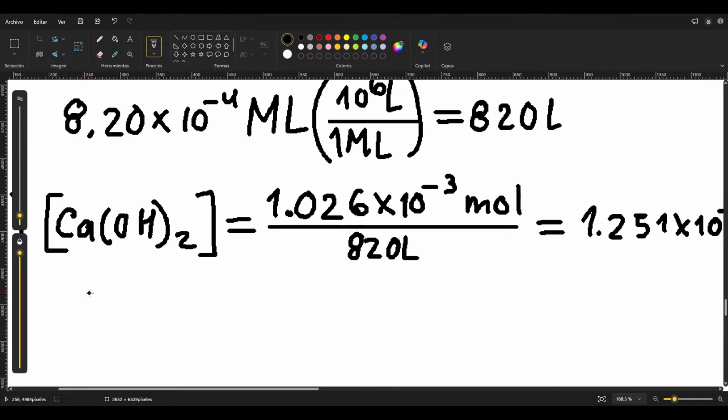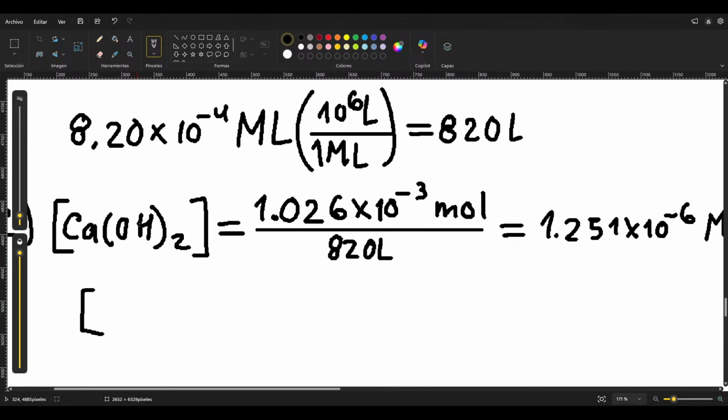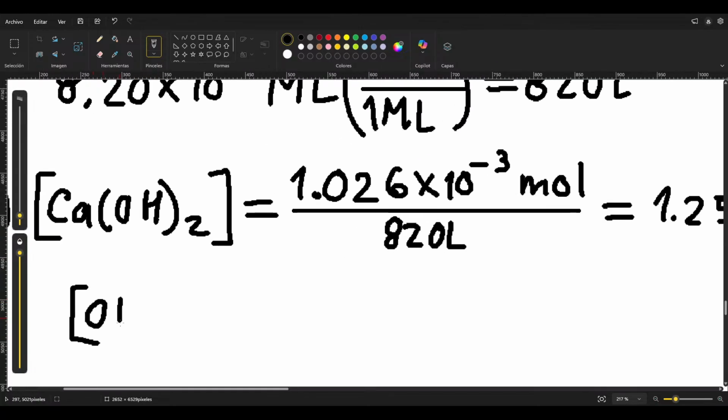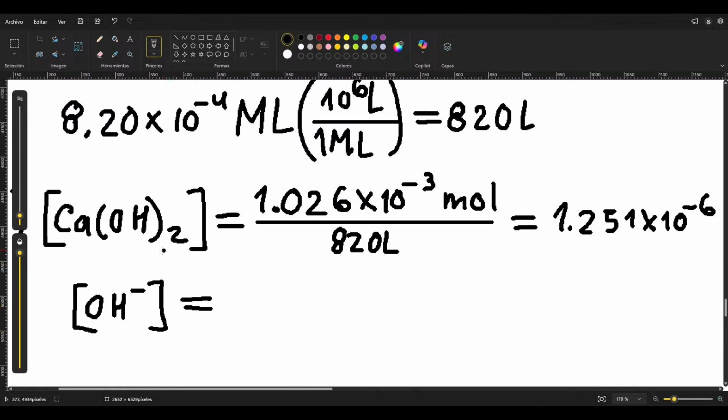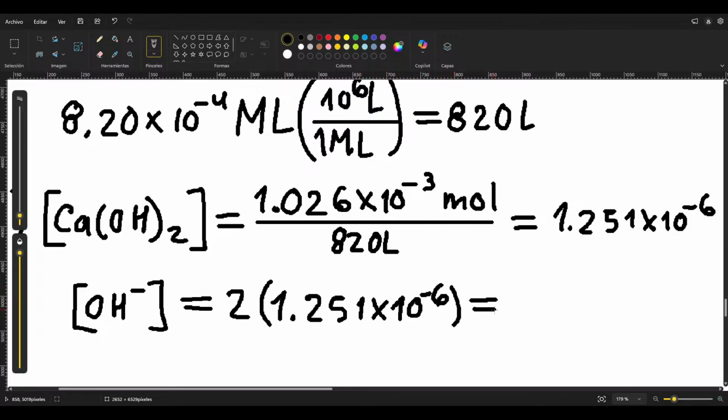Okay, so now, since this is a base, we can get the concentration of OH, the hydroxide ions. Basically it's multiplying this 2 by the original concentration. Do you understand what I'm saying? Mm-hmm. Yeah.